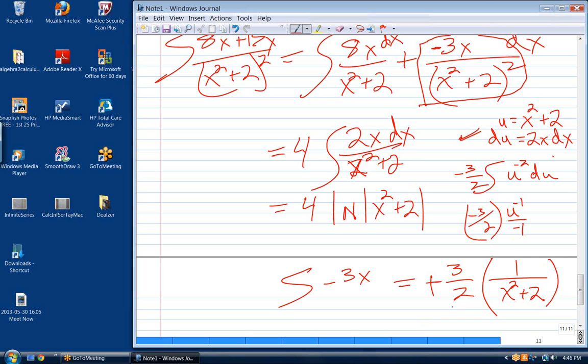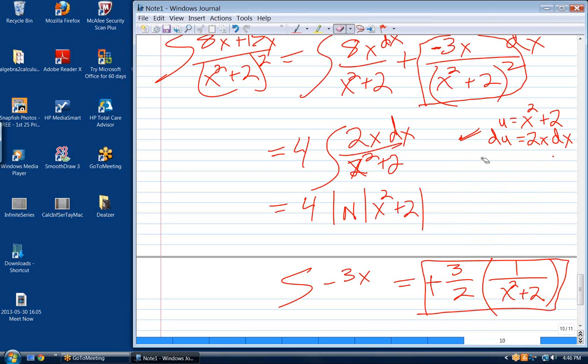So that is the integral of the second term. So our answer becomes plus 3/2 over x squared plus 2, plus c.